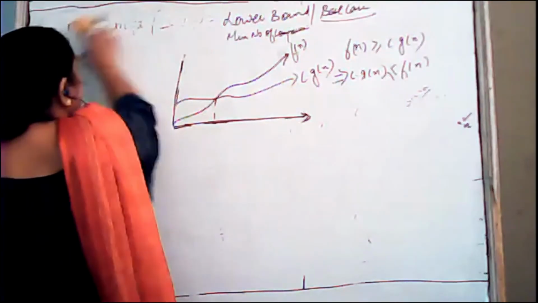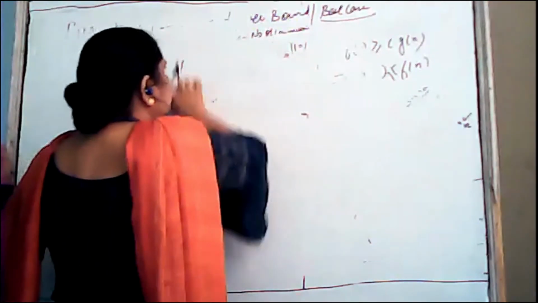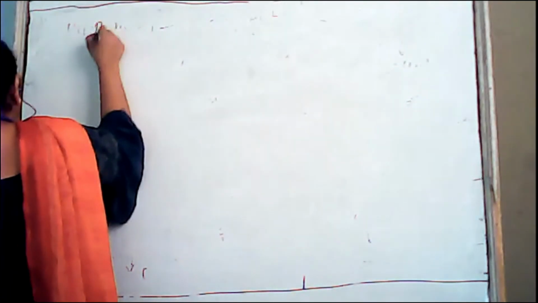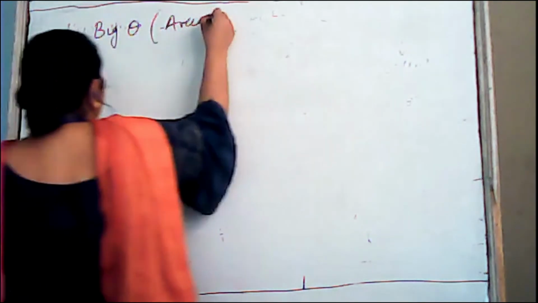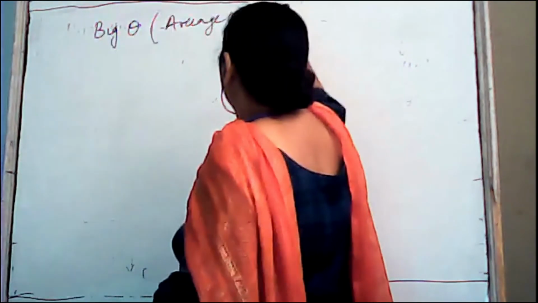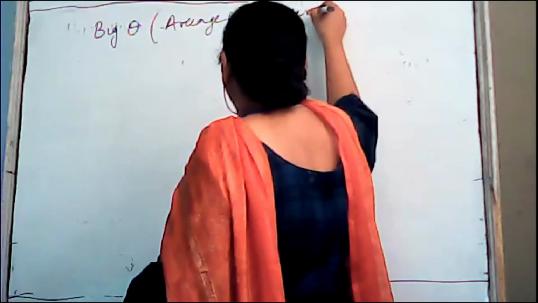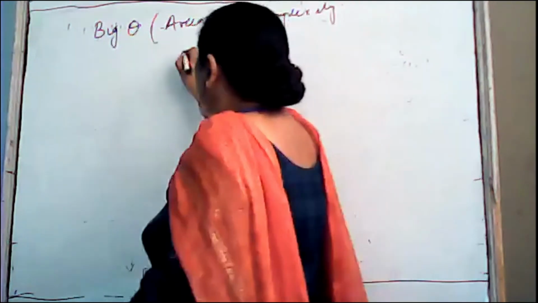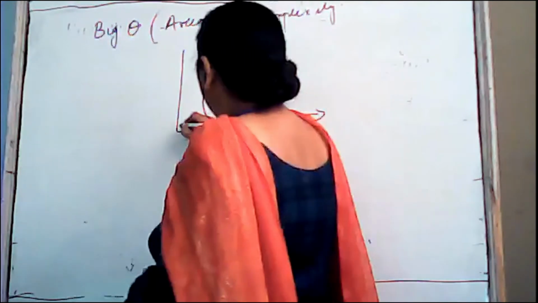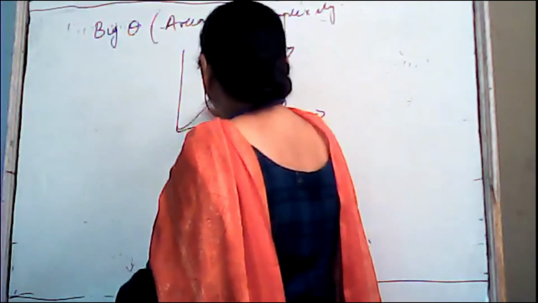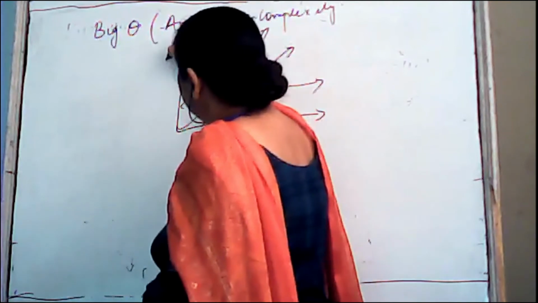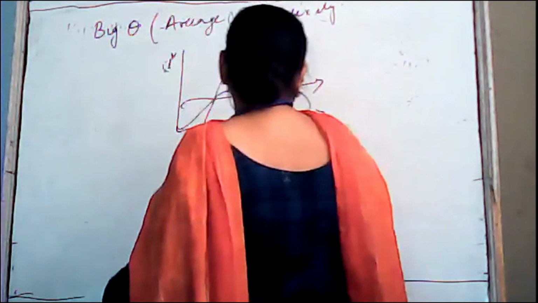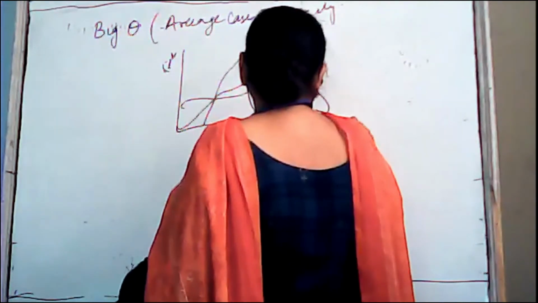Now we will start with the big theta. That is called average case complexity. Average number of comparisons we have to find. That means my graph would be something like that. This is time and this is n inputs.